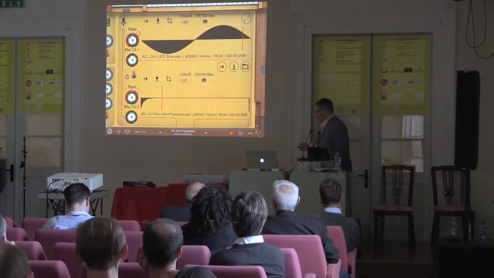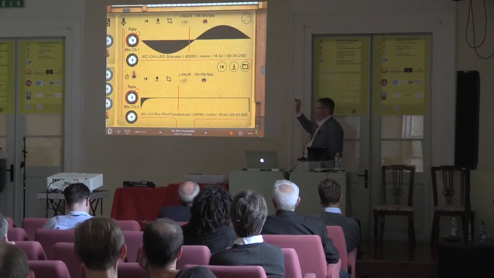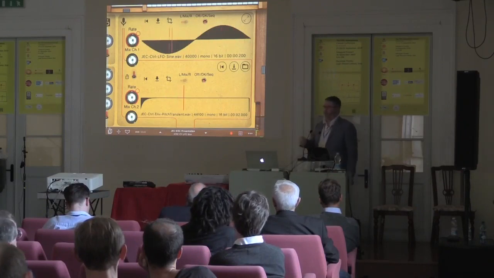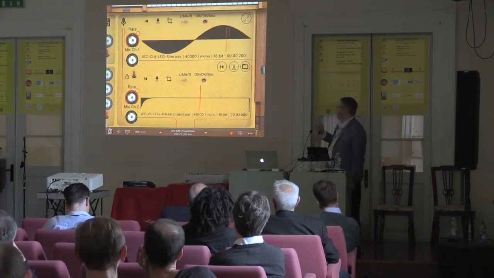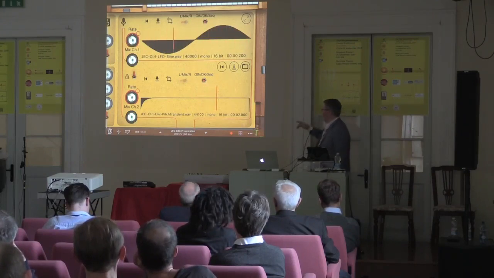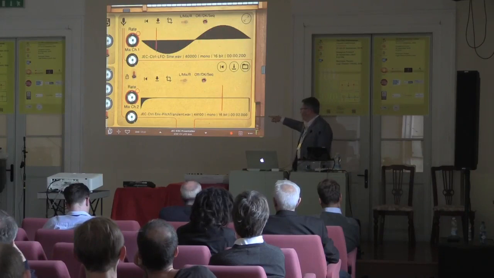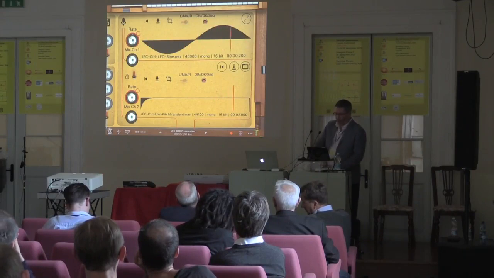So here we have, well, above we have a sine wave, which is a very low frequency sine wave. It could be considered audio, but a sub-audio rate. So it can then be used as a low frequency oscillator. And then the bottom is the envelope, which can be set to trigger.